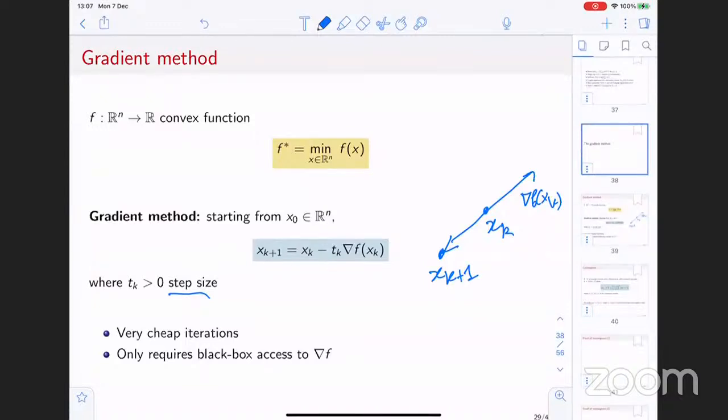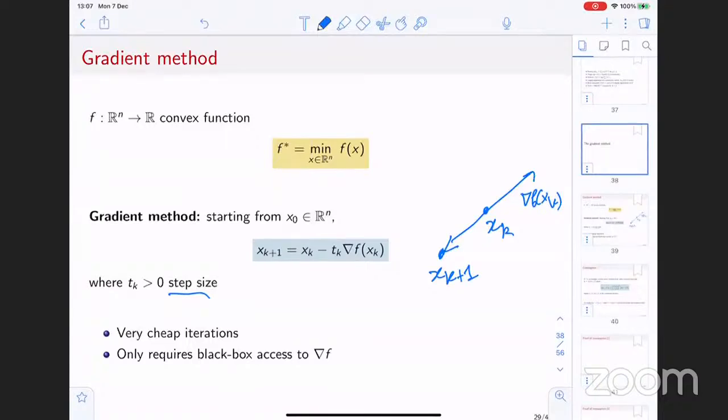If you know some parameters of the function, like the smoothness parameter or the strong convexity parameter, then you can choose tk according to this. Or if you do not have any prior information about your function, you can do an adaptive line search, and I will explain this at the end of today's lecture.